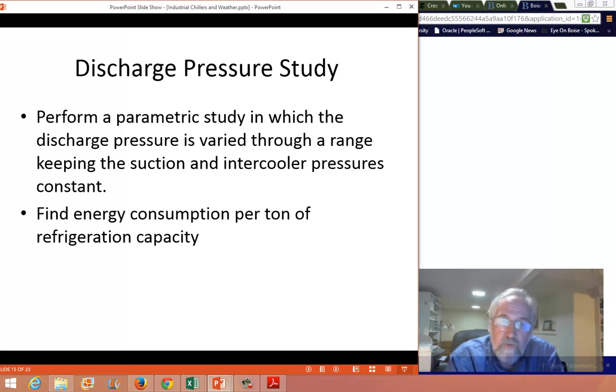So go through this analysis of all the different states and find the amount of compressor work per unit mass of refrigerant as the condenser pressure or the discharge pressure changes. And you'll see it goes up as the pressure goes up.